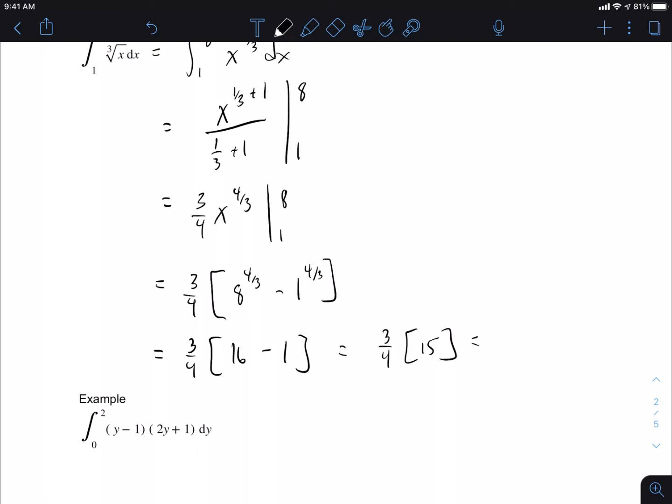How do you get the 16? Okay. 2 to the 3rd is 8, correct? 4/3, what happens to the powers? They multiply, correct? So I get 2 to the 4th, which is 16.